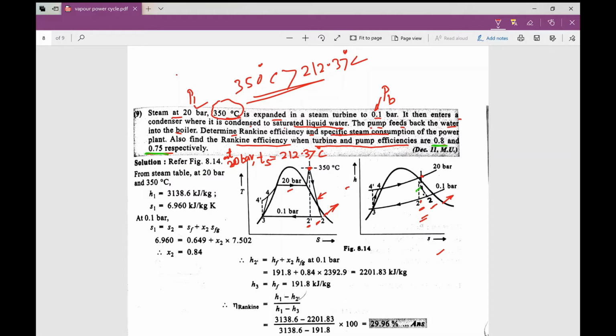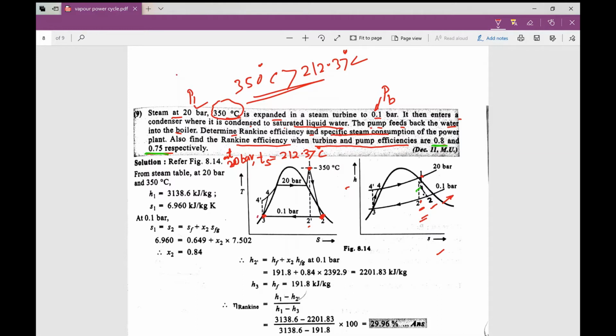Now process 2 to 3. Point 2 is the actual point. Now condensation starts from point 2 to 3, right? So we can say process 2-3 is your condensation process.